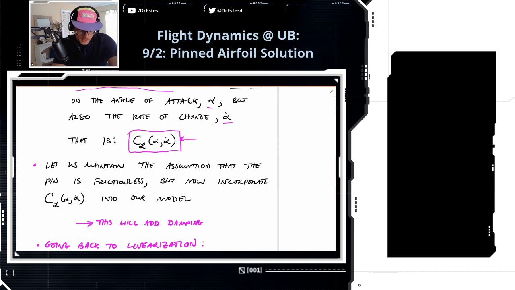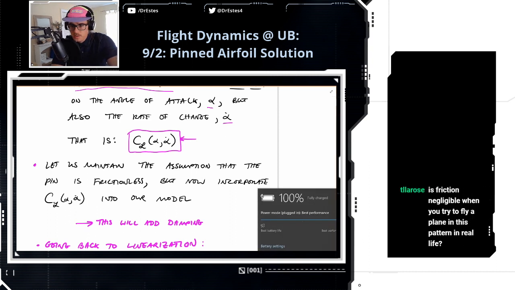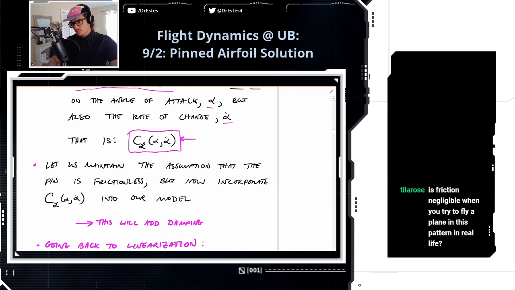And the reason that is, like, is friction negligible when you try to fly a plane in real life? Well, connecting this example to a real plane, we haven't made that full connection yet because you're not going to have this pin joint on a plane, right? It's not going to be fixed in space. So I wouldn't try to force this too much onto a plane yet.